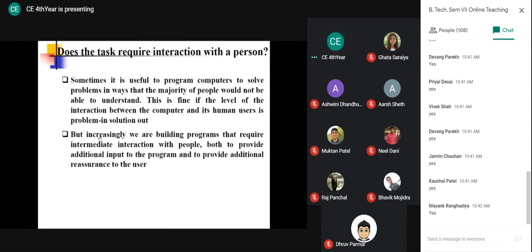Now listen, through one example I will explain so you can understand. Suppose the problem of proving a mathematical theorem.